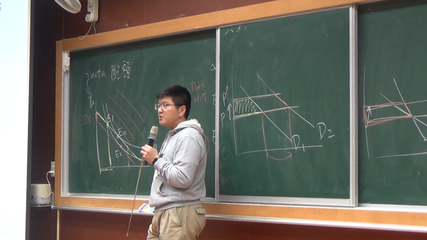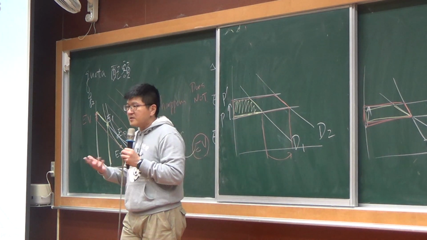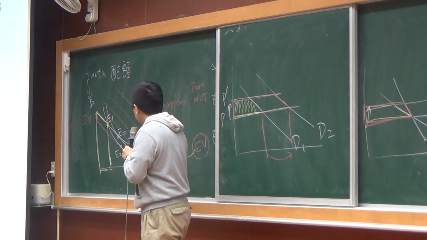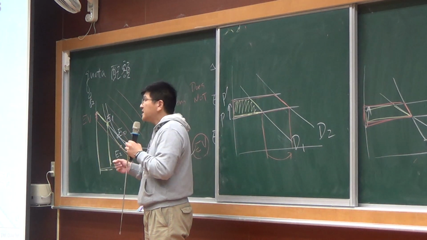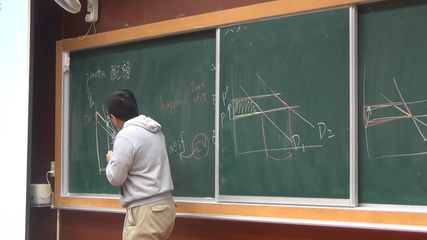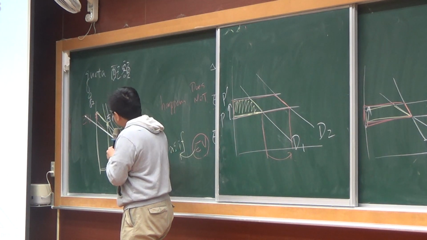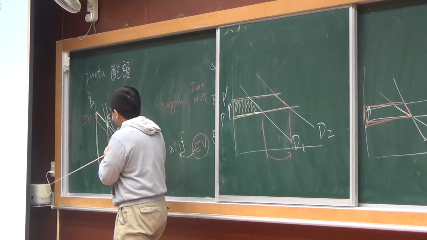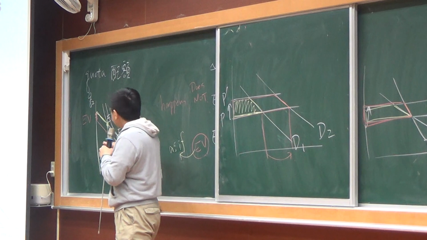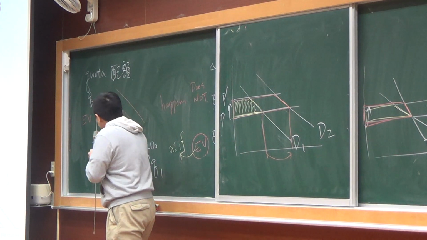Okay? So if I succeed in bribing you, then the policy would not be implemented. So I will have a perfect budget line here without any kink.